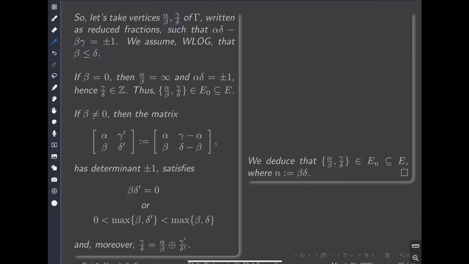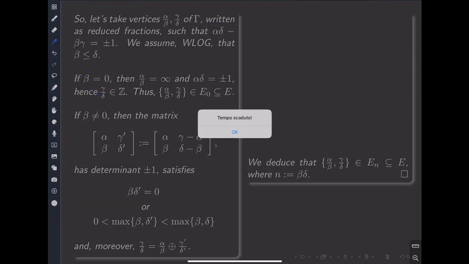I allowed beta to be 0 because I'm also considering infinity as a vertex. But if beta is 0, then delta has to be greater than 0, because the determinant is plus or minus 1, so beta and delta cannot be simultaneously 0.